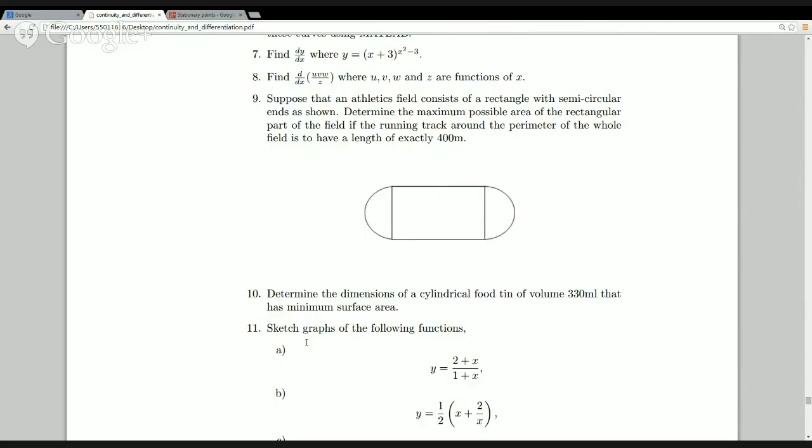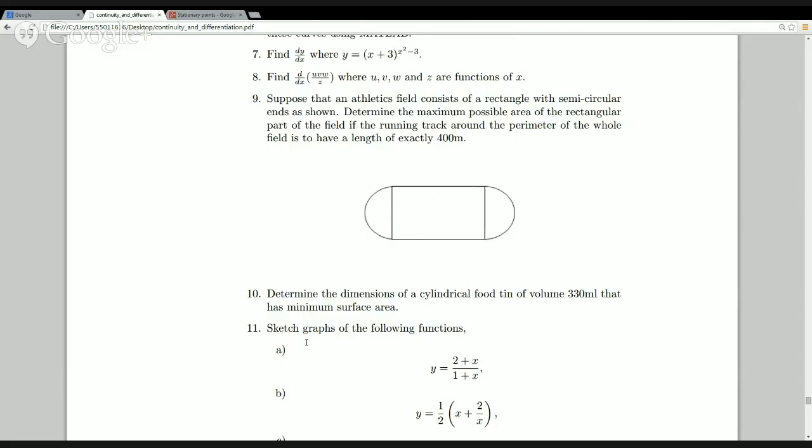If you adjust L, make L longer and W shorter, or vice versa, you can change the area. But we want to optimize the area. We want to make the area as large as possible. At the moment, it looks like the area is a function of these two variables, W and L. And we're able to change W and L, but we can't change them independently of each other, because they must always be linked by this perimeter constraint, okay?